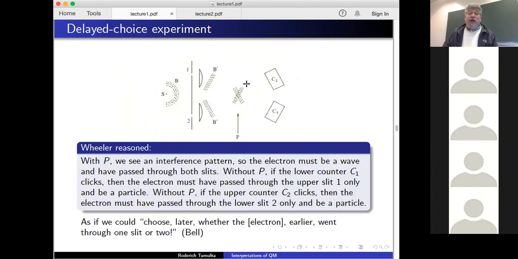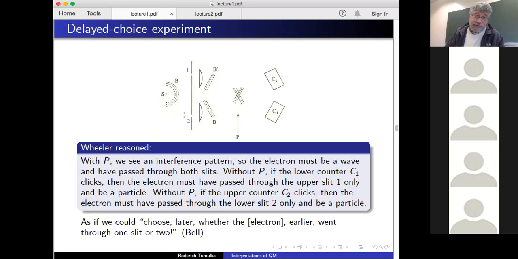Okay, now Wheeler reasoned as follows. With the plate P, we see an interference pattern, so the electron must be a wave and must have passed through both slits. Without the plate P, if the lower counter C1 clicks, then the electron must have passed through the upper slit, slit 1, and be a particle. However, if counter 2 clicks, then the electron must have passed through slit 2 and be a particle.